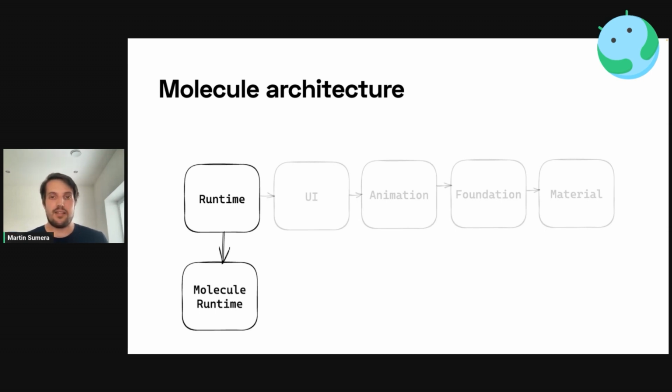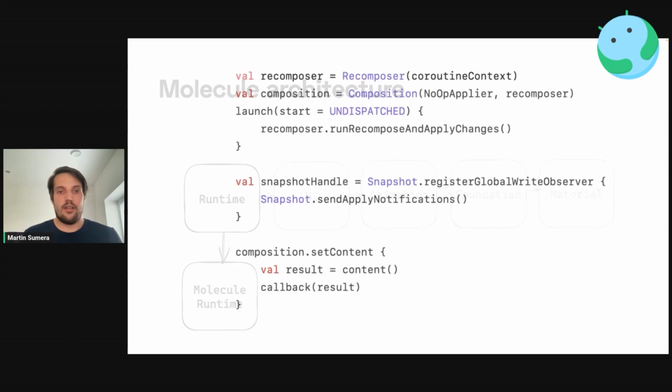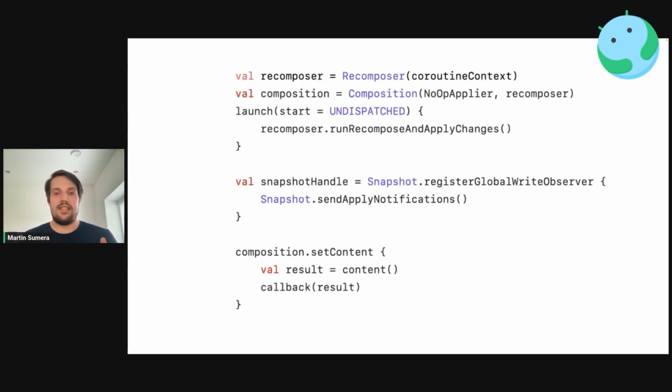And for me, the interesting thing about Molecule is the simplicity of its implementation. When you take a look at the implementation, you will find around three files which allow this magic to run. On this slide, you can see the simplified implementation of Molecule, omitting a few details, but basically this is the code which allows Molecule to run.